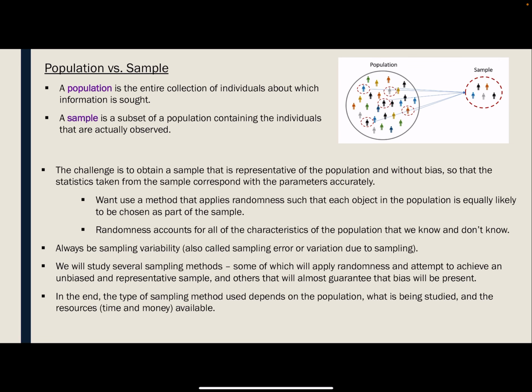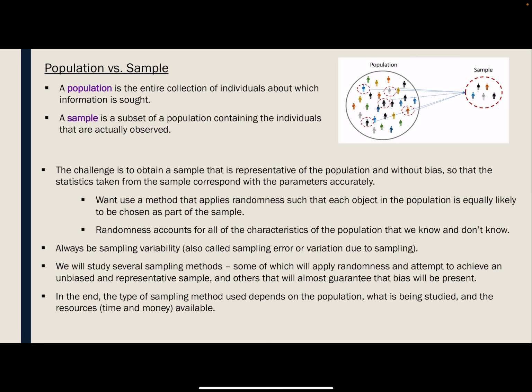And one thing that is really important is that whatever sampling method we choose, it applies randomness in some way. And that's because the randomness will account for all of the characteristics within the population that we know and that we don't know.